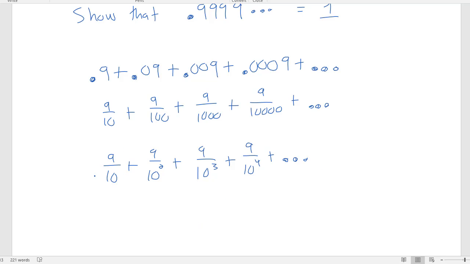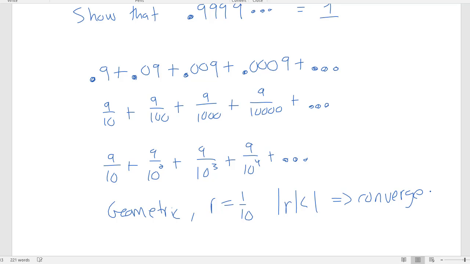I'm taking the first term of 9/10, I multiply by 1/10 to get the next term, then I multiply by 1/10 again, and again. The r is 1/10, and since the absolute value of r is less than 1, this is convergent.